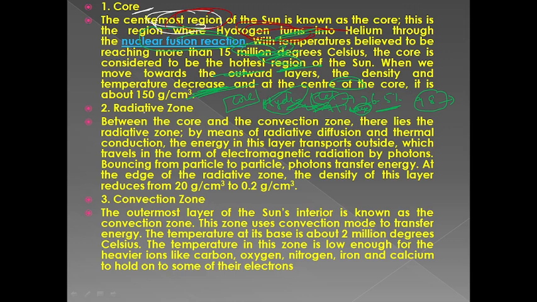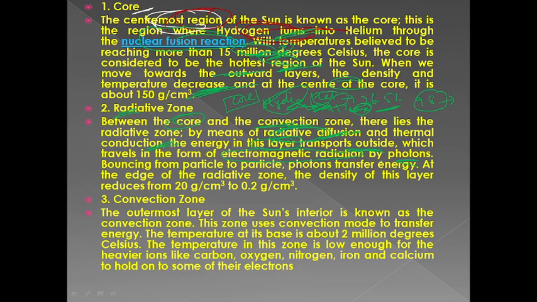Coming to the radiative zone, it is between the core and the convection zone. By means of radiative diffusion and thermal conduction, the energy in this layer is transported outside, traveling in the form of electromagnetic radiation by photons. We have already seen that there are electromagnetic radiations present in the sun, and these are due to the radiative diffusion in the radiative zone.